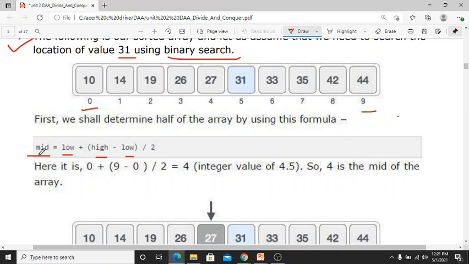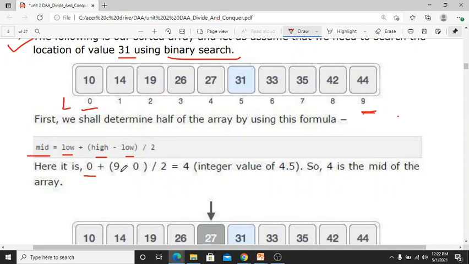So mid is equal to, what is low? Low is 0, the left hand side. What is high? High is the right side element, which is 9. Then minus low, which is 0, divided by 2.